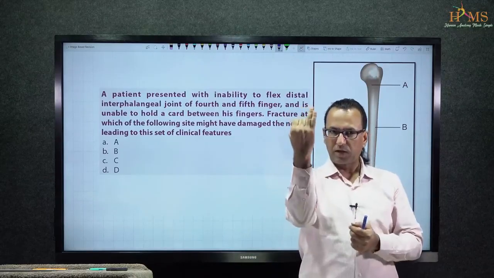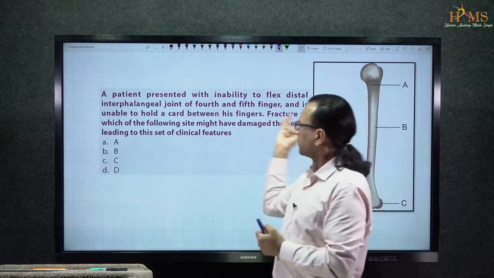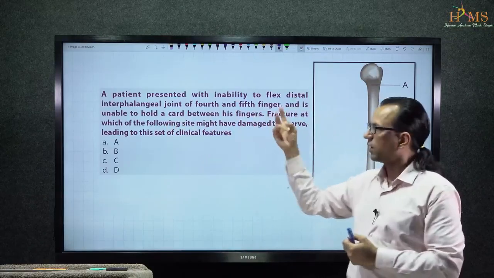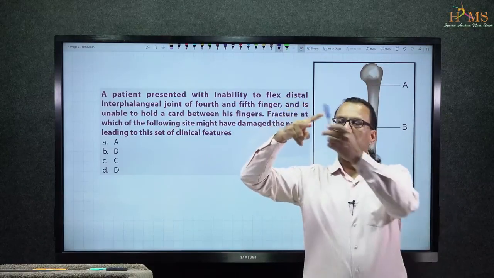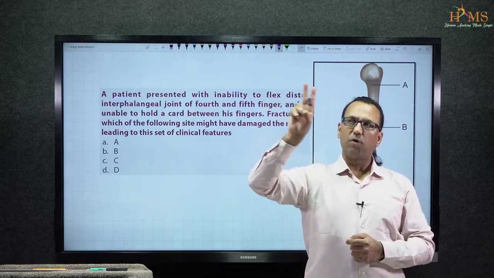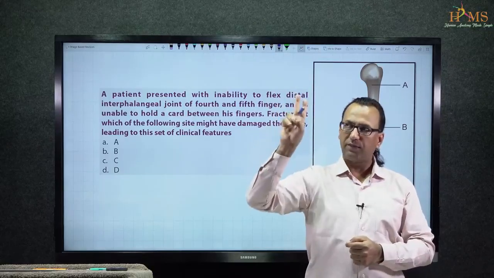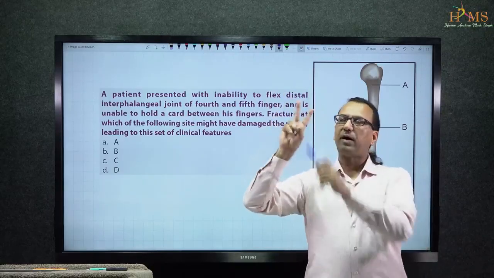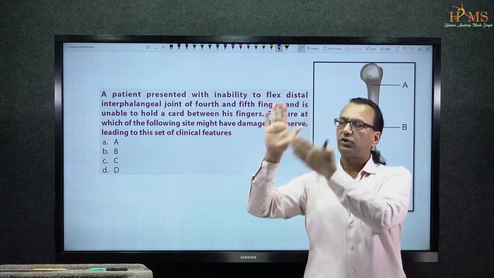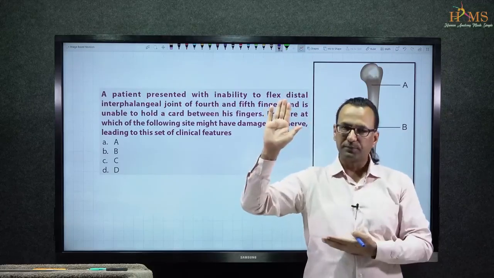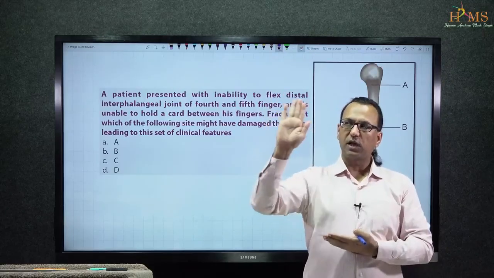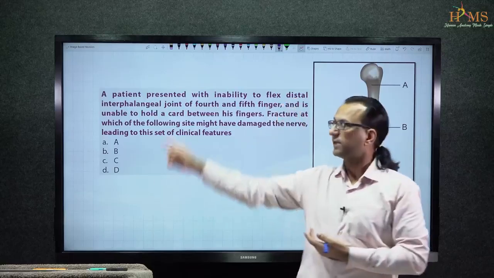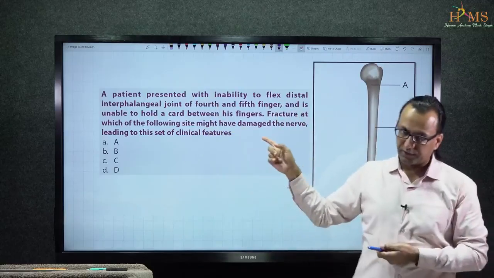So this appears to be an ulnar nerve injury, and moreover the patient is unable to hold a card between fingers, that is the palmar interossei, which hold the card between fingers. Remember, the palmar or the dorsal interossei, all 8 interossei, 4 palmar and 4 dorsal, are supplied by the ulnar nerve. So it is obviously an ulnar nerve injury.